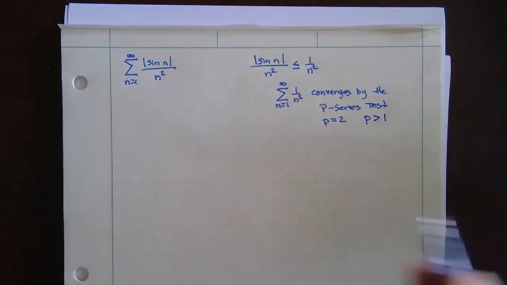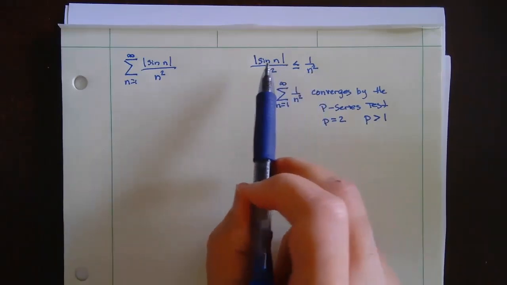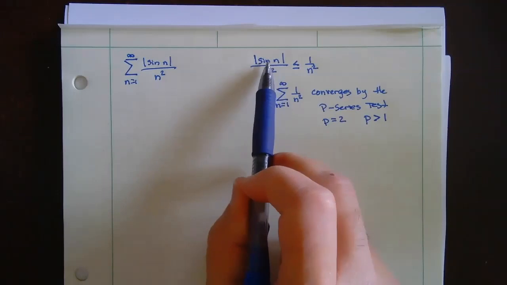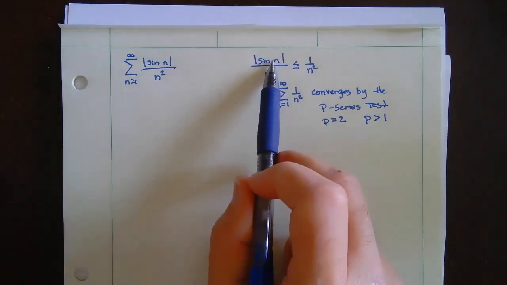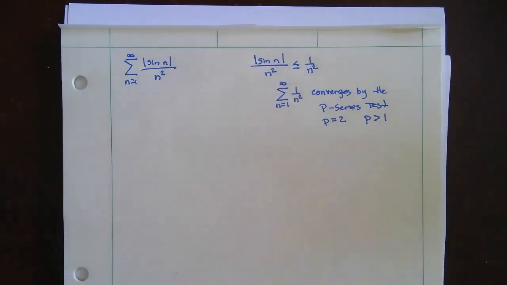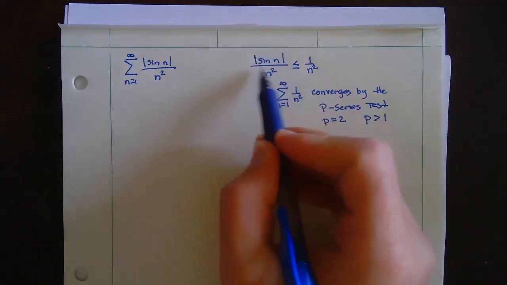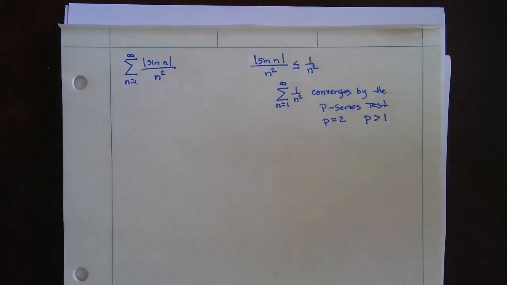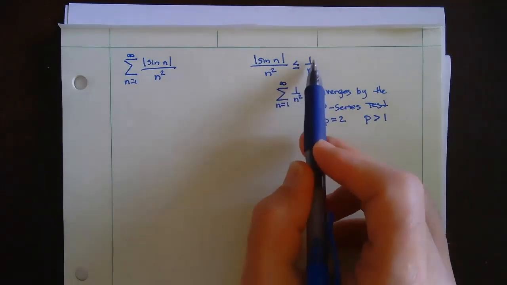So I know this one converges. And the absolute value of sine of n: the biggest sine of n can be is 1, since sine of n is between negative 1 and 1. But when you take the absolute value, this number has to be between 0 and 1. And if it's between 0 and 1, then this would have to be less than this one.